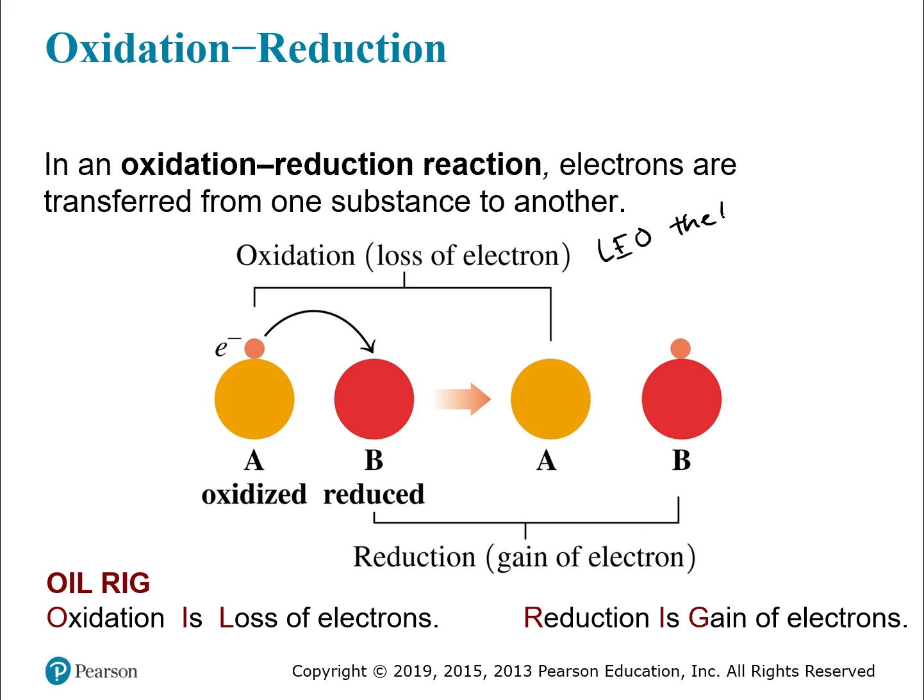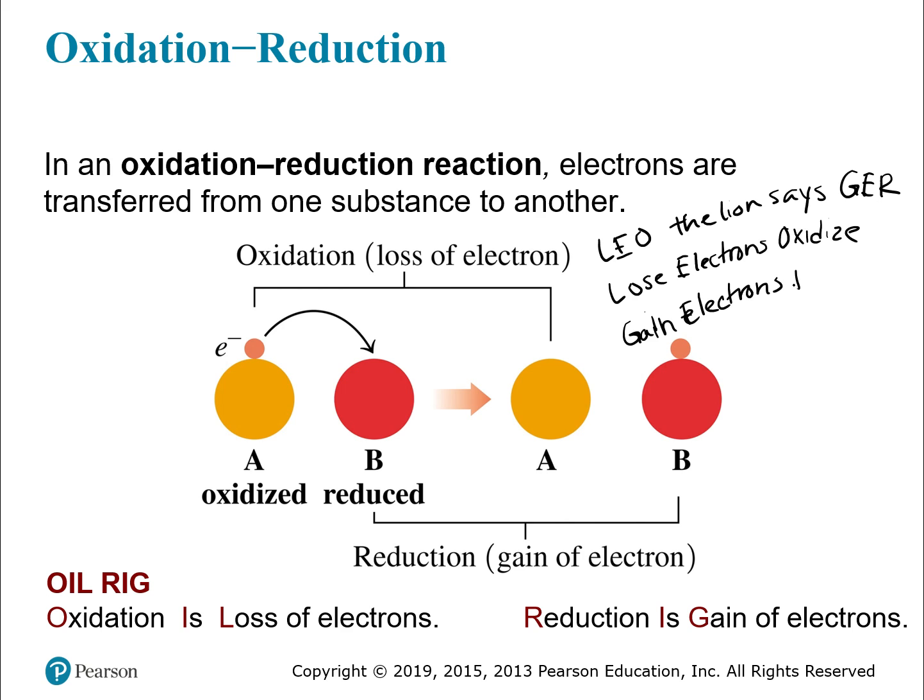Leo the lion says GER, where LEO is lose electrons, oxidize, and GER is gain electrons, reduce.